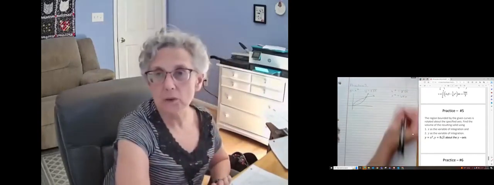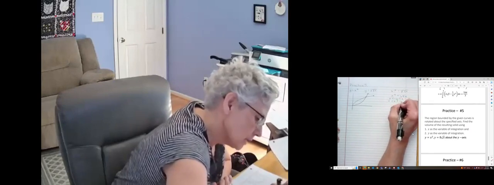So I square both sides. That gives me x to the 4th equals 8 squared is 64 times x squared squared is x. So that gives me x to the 4th minus 64x is equal to 0. So x times x cubed minus 64 equals 0.